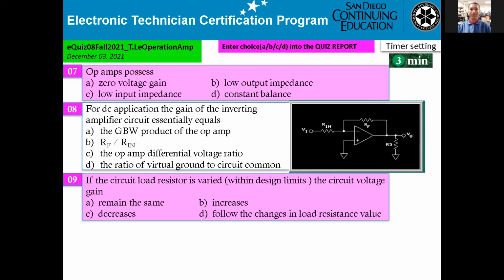Looks like question number 9. So that's question 9. Sam, can you show me question 18 again, please?